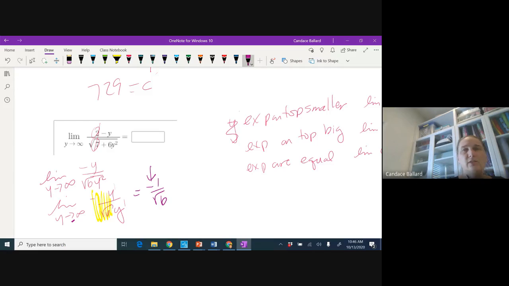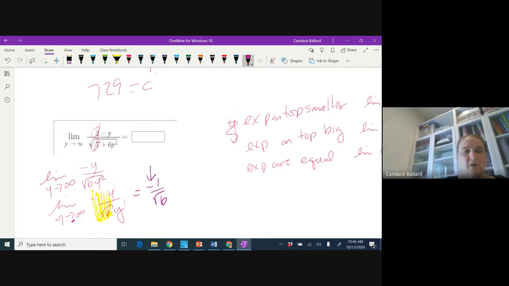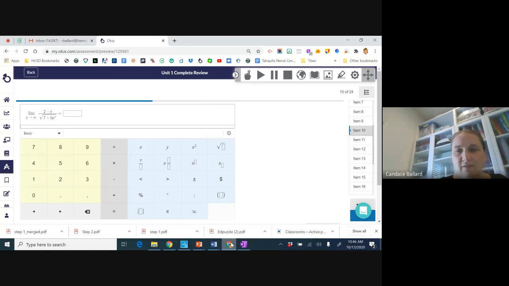Robert, did I get your question too? So infinity equals 1, right? Or am I wrong? It depends on what's there. It depends on these exponents. Let me grab 11.